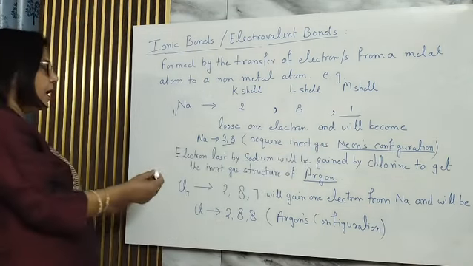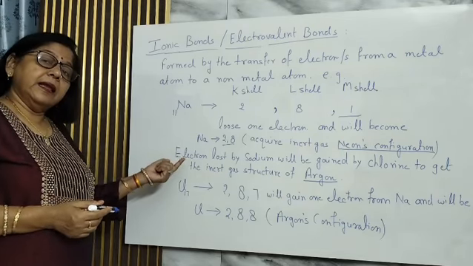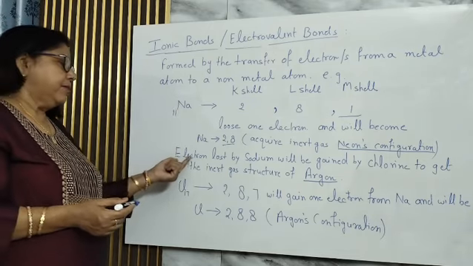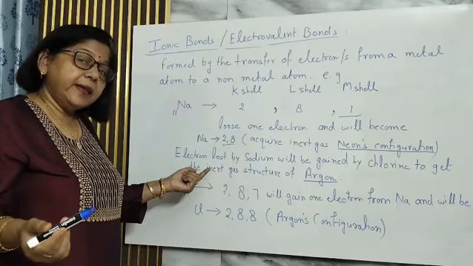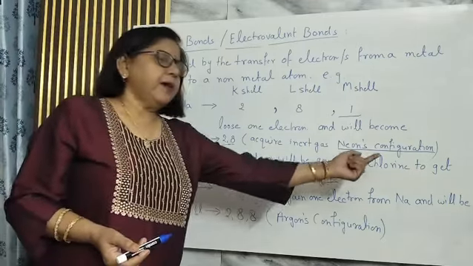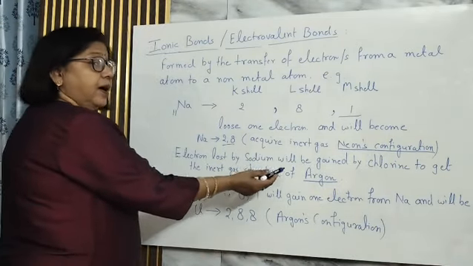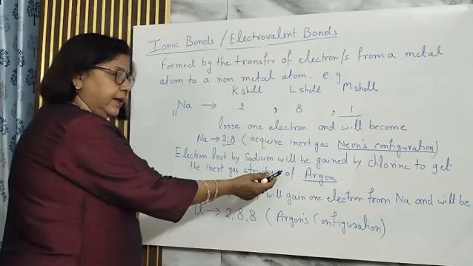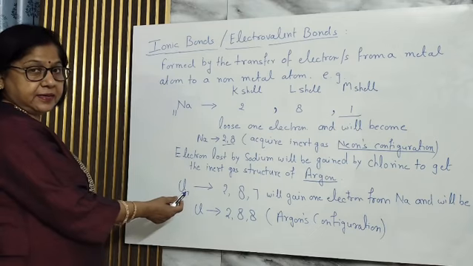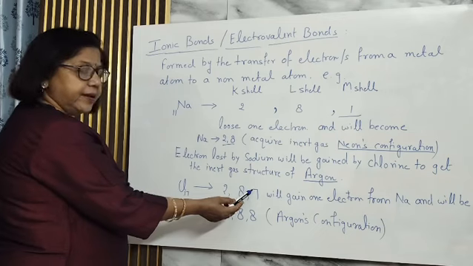Now the next thing, children, very important: the electron lost by the sodium metal will be gained by the chlorine atom. The electron lost by sodium will be gained by chlorine to get the inert gas structure of argon. How? Chlorine, atomic number 17, configuration 2, 8, 7.